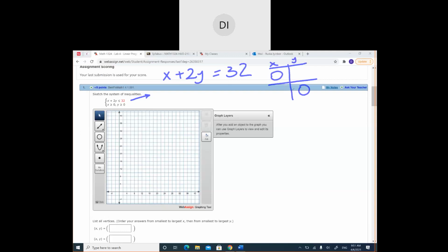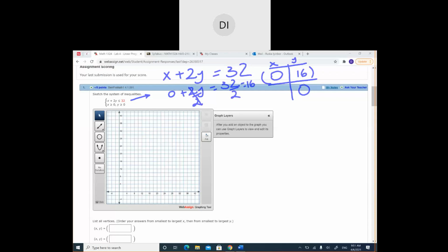So when I pick 0 for x, I'm going to replace x with 0 in this equation. So I'm going to get 0 plus 2y equals 32. Then the 0 disappears. So I'm going to divide by 2 on both sides. And I'm going to get y equals 16. And that's going to be the first point. 0 and 16 is my first point.